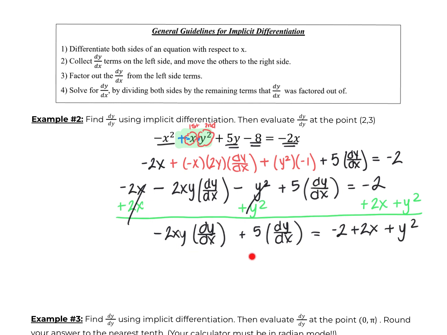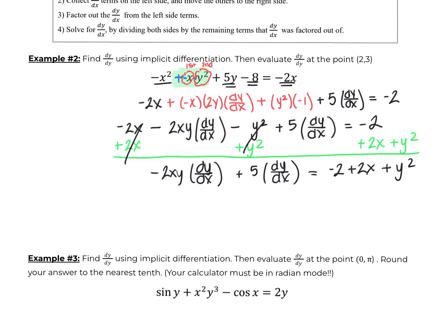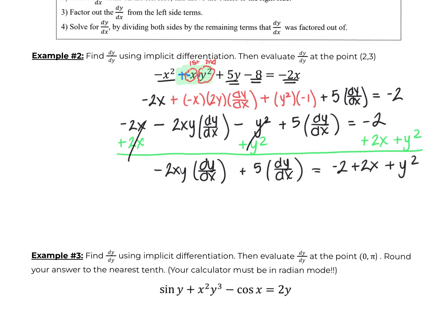So now that all of the dy/dx's are on one side, we can take out a GCF of dy/dx. When you do your division, you're left with these pieces on the inside. So negative 2xy plus 5. And then you're going to get dy/dx by itself.